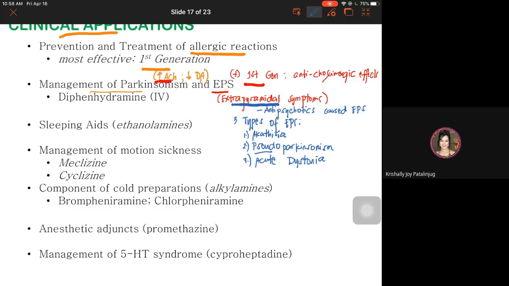Pero ang pinaka common nga manifested by patients with acute dystonia is yung medical term nga torticollis. Meaning ana is twisting of the neck.